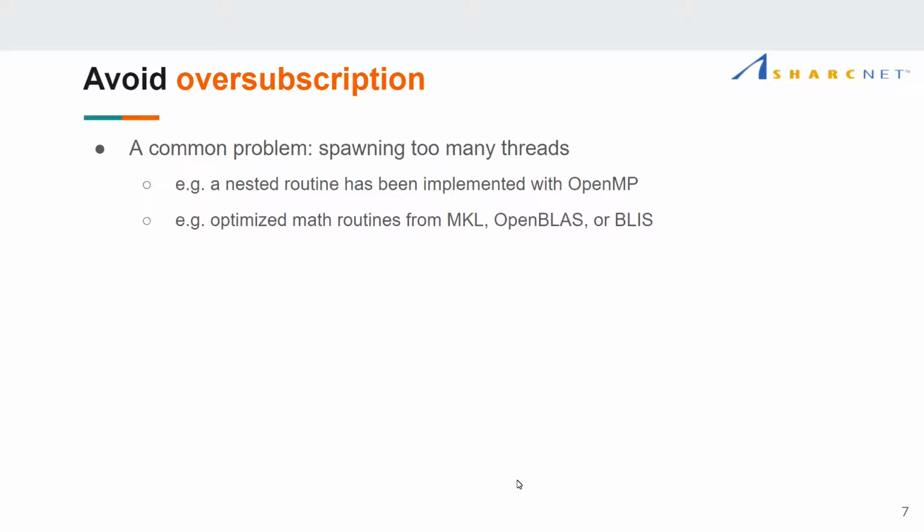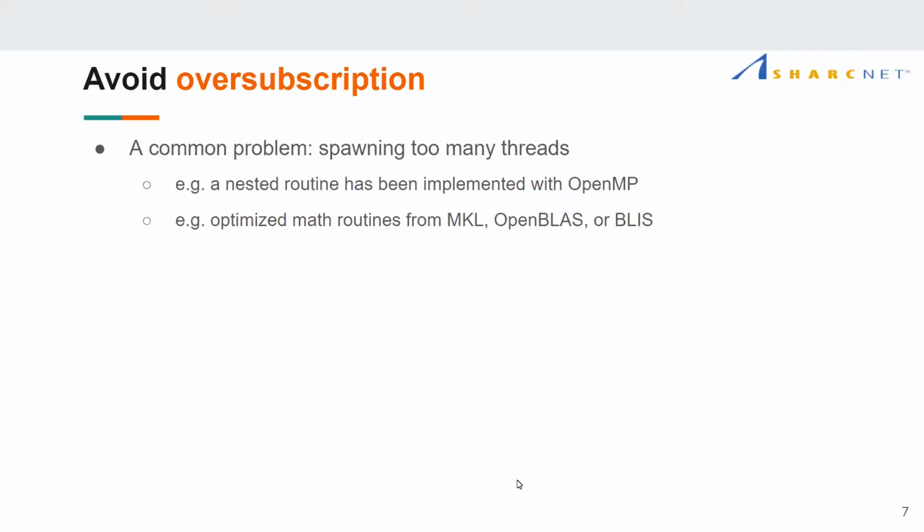Even though you have a well-controlled number of processes based on the available cores, some nested routine or a math function called in the fitting process may already be implemented with a library like OpenMP, which usually spawns as many threads as the number of cores on the machine to parallelize the execution of that nested routine or function call during the fitting.